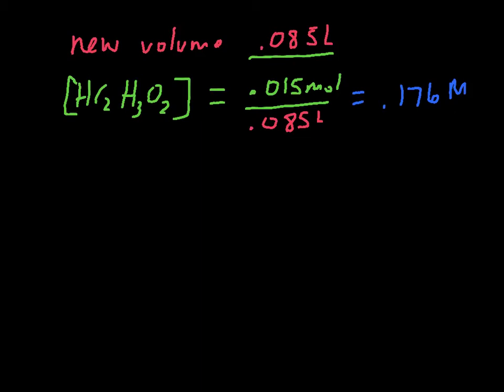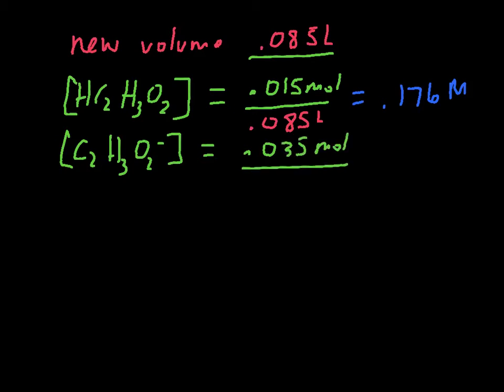The salt, the C2H3O2 minus anion half, was 0.035 moles. Divide that by this new volume of 0.085 liters, giving me a concentration of 0.412 molar.